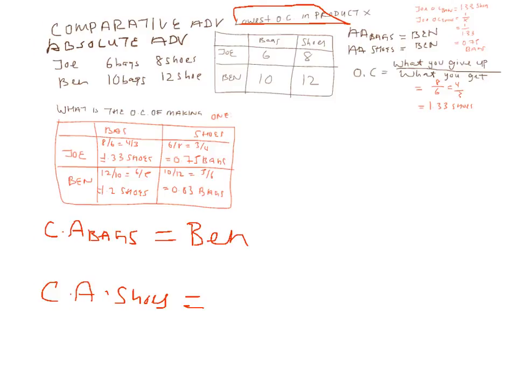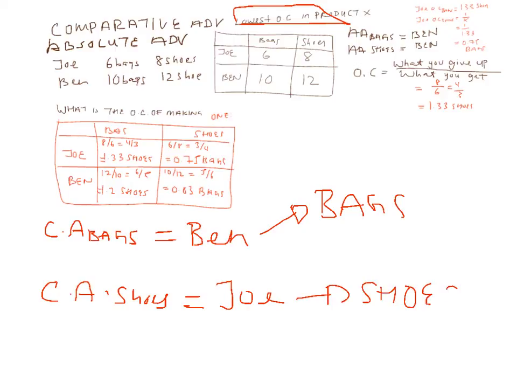Well, 0.75 is less than 0.83. So Joe has the lower opportunity cost and hence the comparative advantage of manufacturing shoes. So Ben should concentrate on making bags and produce no shoes, and Joe should concentrate on making shoes and produce no bags. Thank you.